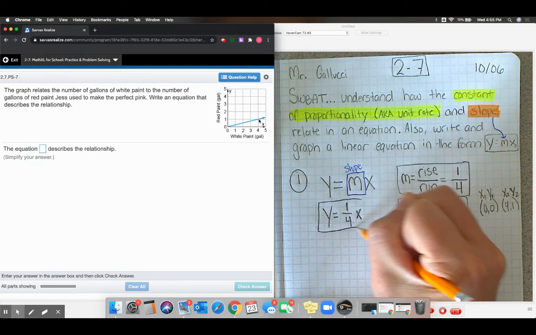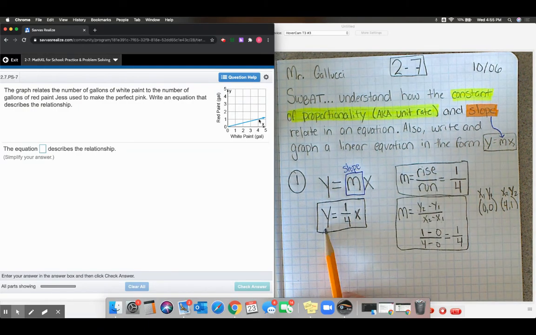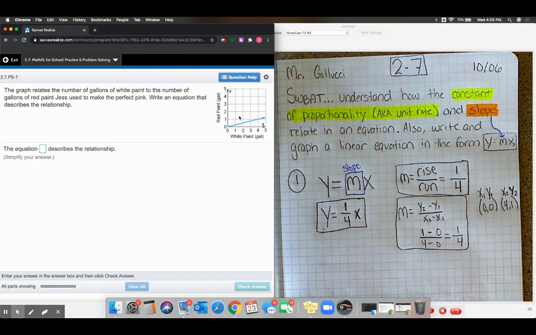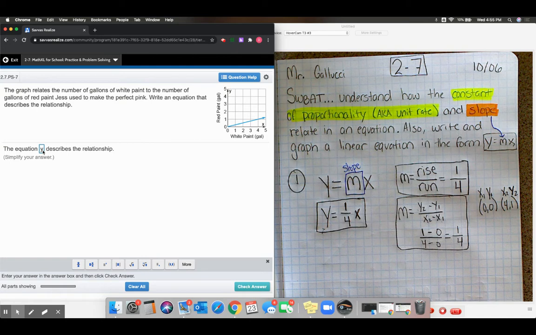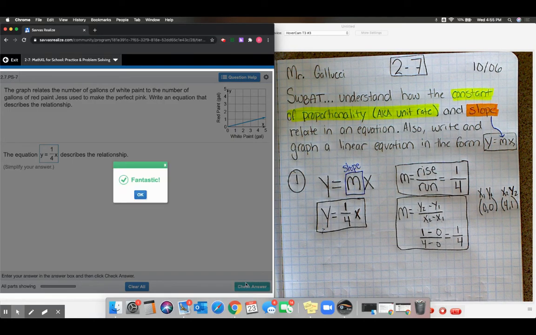So when you're writing equations, y is part of the equation, x is part of the equation. Here's a fraction right down here, 1/4 x. Let's check it out. Fantastic.